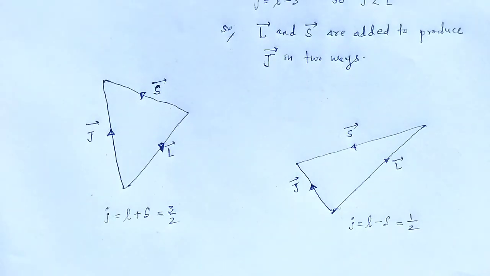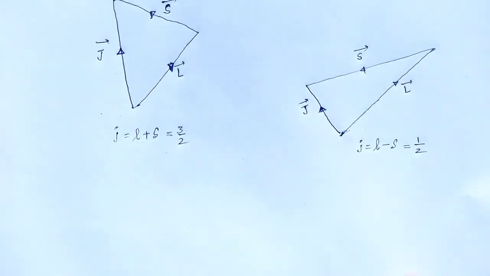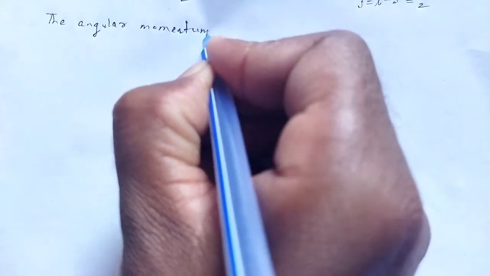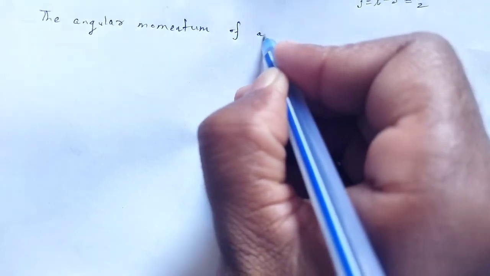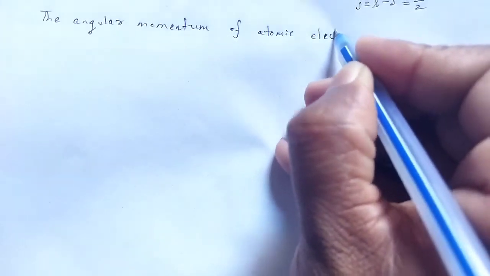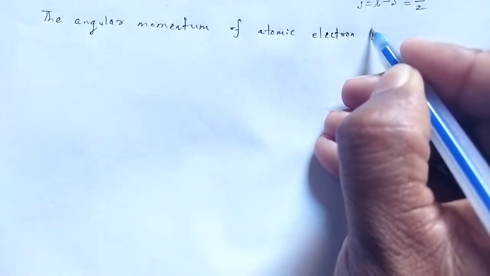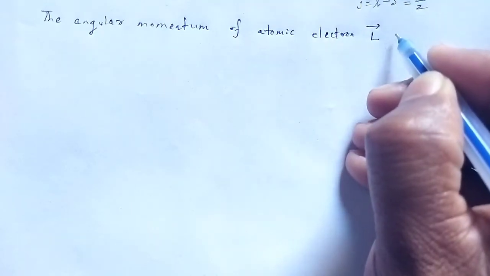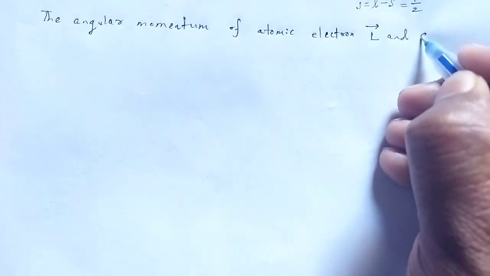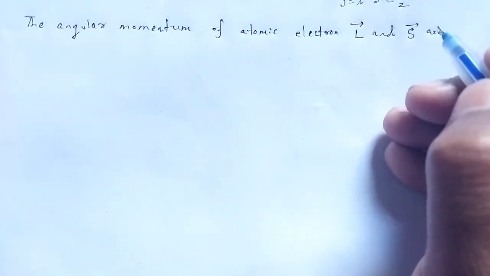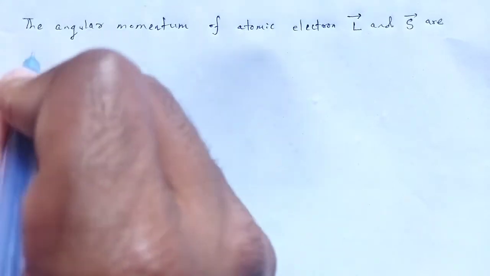Look here, the angular momentum of an atomic electron, L, and the spin angular momentum, S, interact.